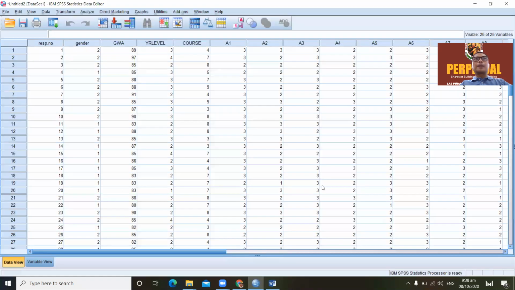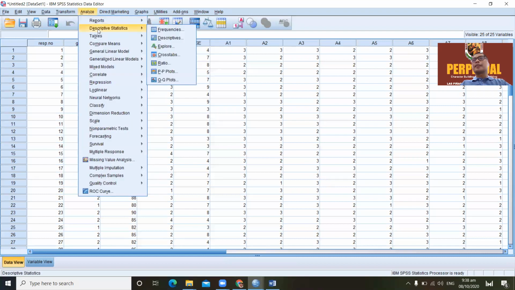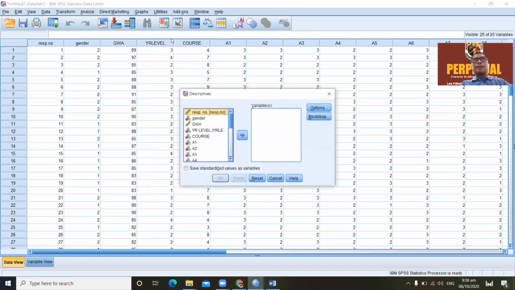Let's try to go back to our data. Click Analyze. Still on the descriptive, it's still asking what. So you would click here descriptive statistics, but rather than frequency, you click descriptives. What you need to do is compute for the mean.